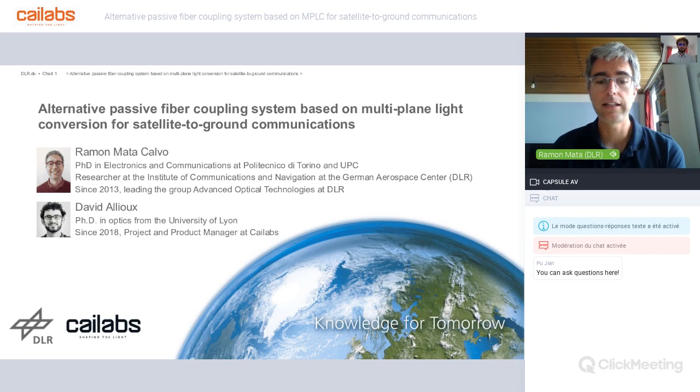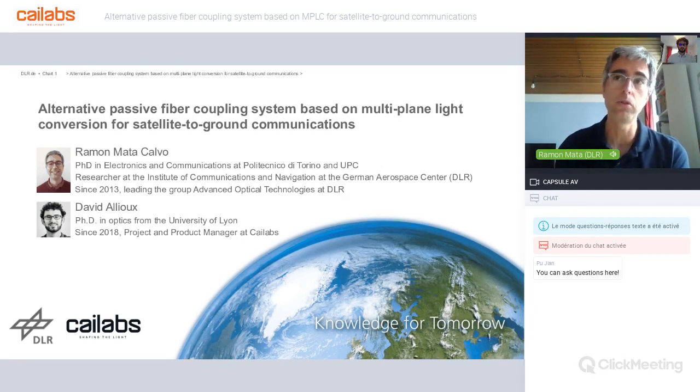And this task is usually done with adaptive optics. As we knew the technology from Cailabs, we decided to join efforts and make this comparison in order to investigate possible alternative solutions that work under strong turbulence conditions.